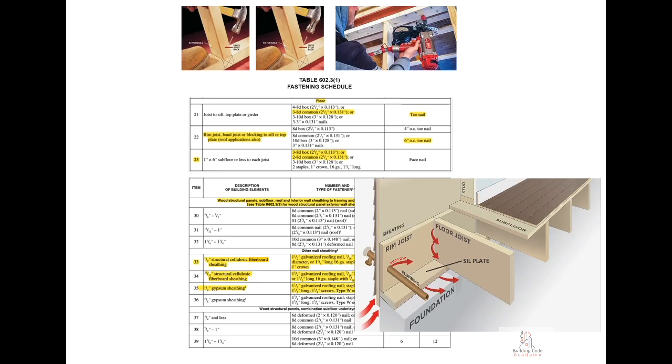For example, fastening on floor. Fastening joist to sill, top plate, or girder should have these types of fastener options: 4 to 8D box, 2.5 inch by 0.113 inch, or 3 to 8D common, 2.5 inch by 0.131 inch, or 3 to 10D box, 3 inch by 0.128 inch, or 3 3-inch by 0.131 inch nails with toenail spacing.